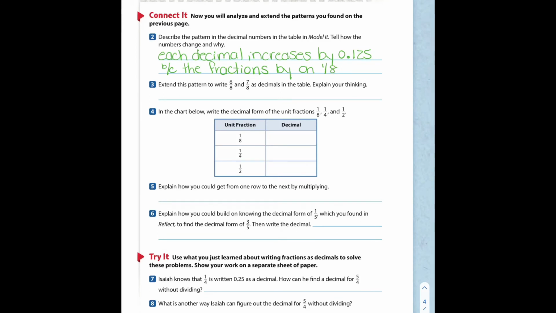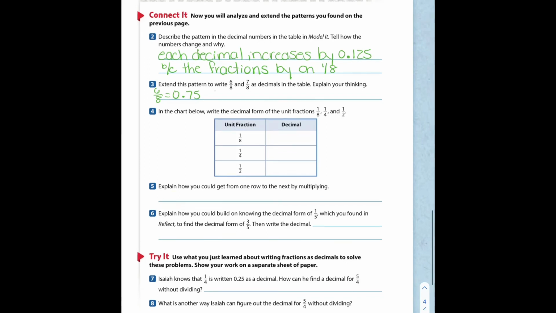So when you extend that pattern like we did for the 6/8 and 7/8, when we extended that pattern for the 6/8, we got 0.75. Well, if you notice, the 5/8 was 0.625. So if it increases by 0.125 each time, we could take the decimal value of 5/8, add 0.125, and you get 0.75.